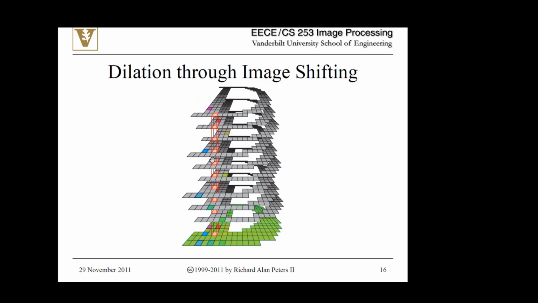We do 9 shifts. So these are our 9 shifts. Now we compute the union, pixel by pixel, of all those shifted images. And this is what we get from here.